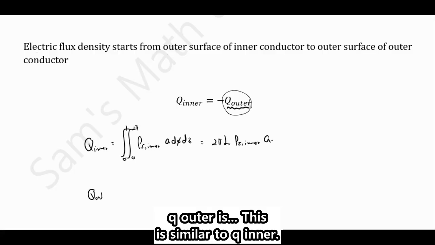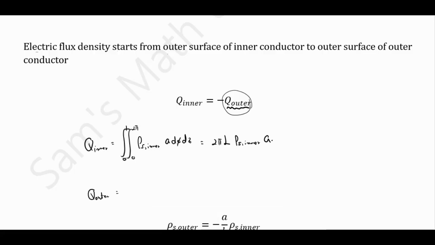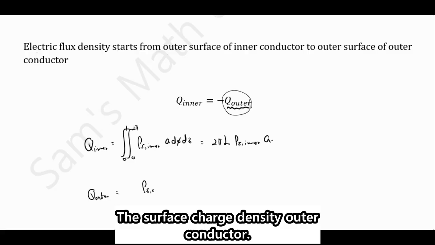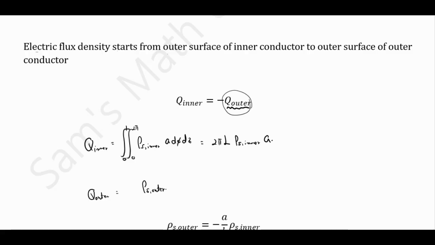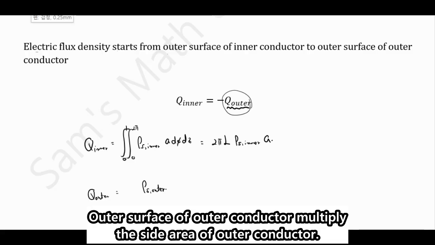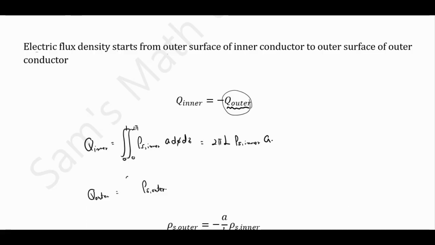Q outer is similar to Q inner. It is the surface charge density of the outer surface of the outer conductor multiplied by the side area of the outer conductor.